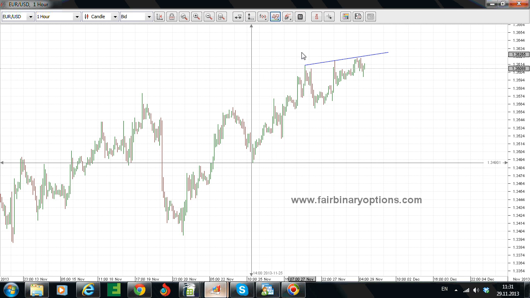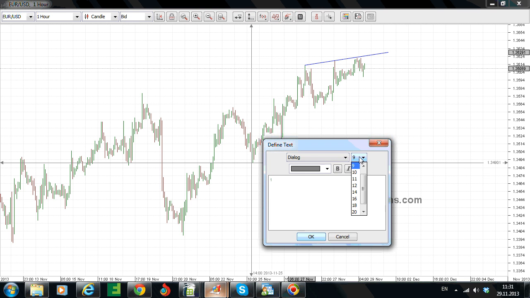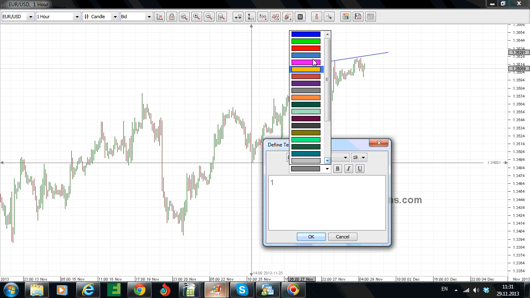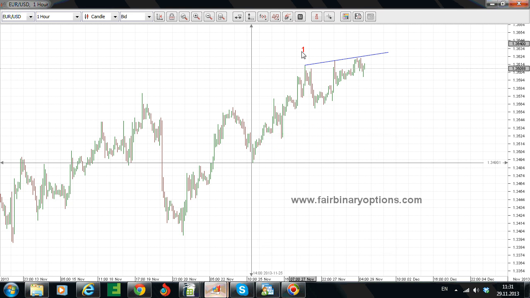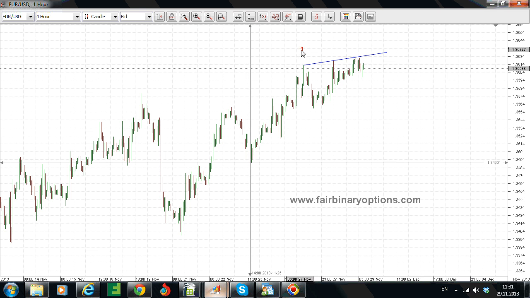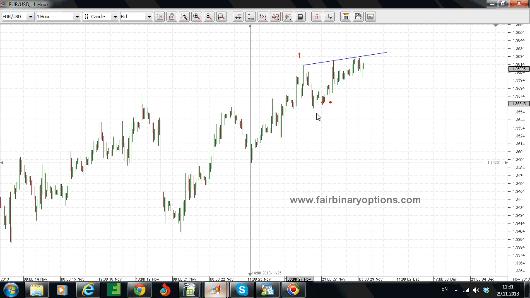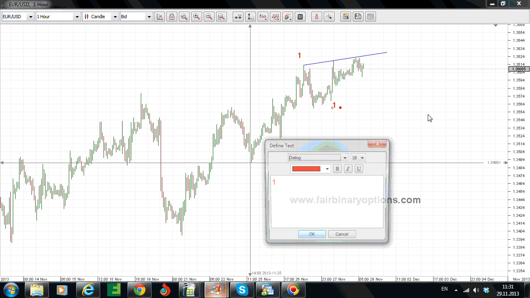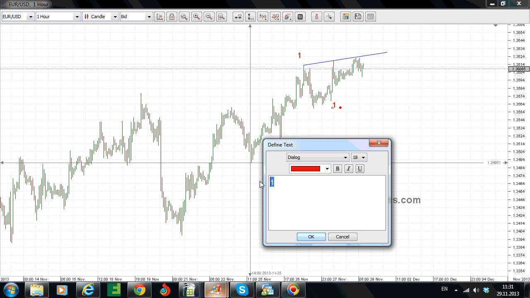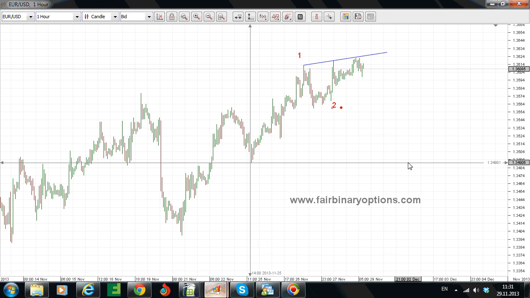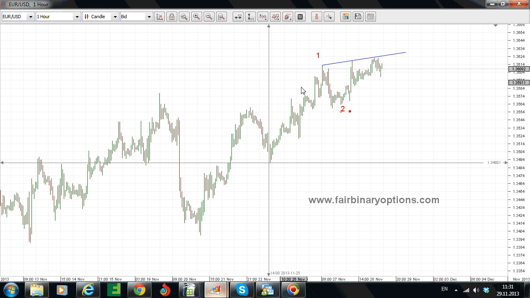This should be labeled like this: wave 1 here, then the second wave to the downside, either here or here or here, it doesn't really matter. Let's say that the second wave is done here. It is forbidden for the second wave to be a contracting triangle, so it can be any corrective pattern but not a contracting triangle.